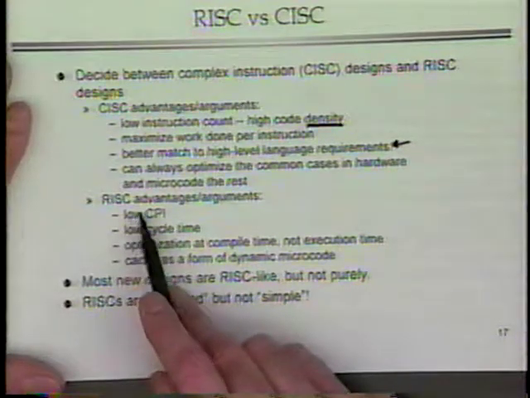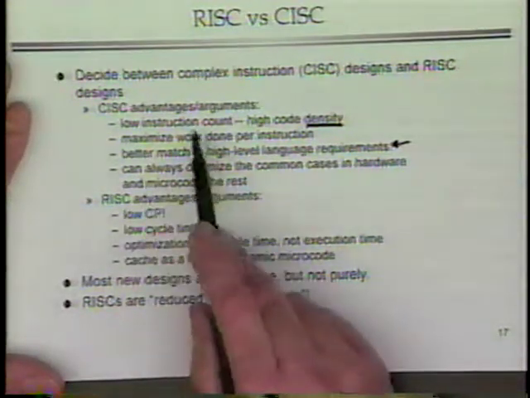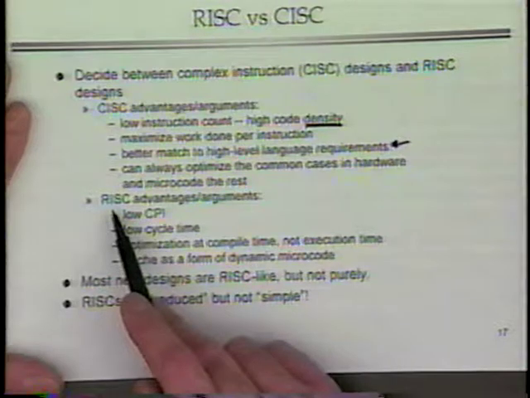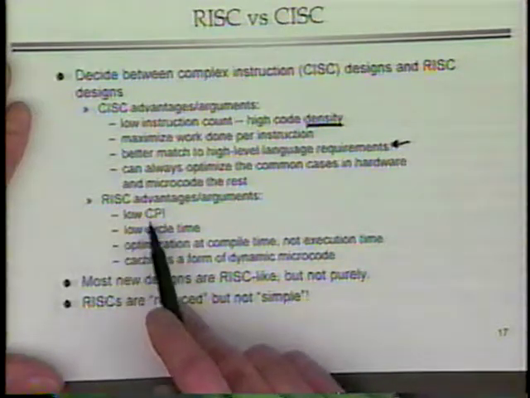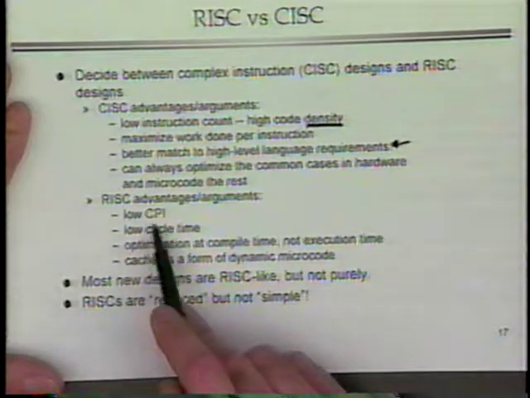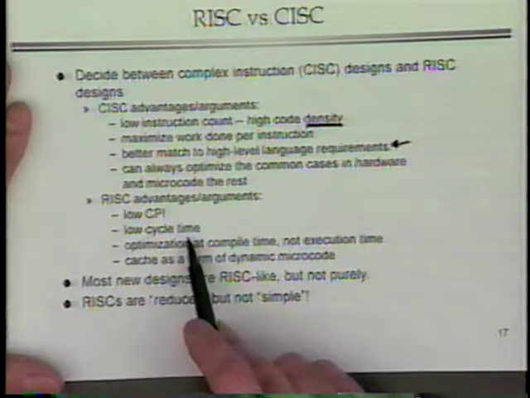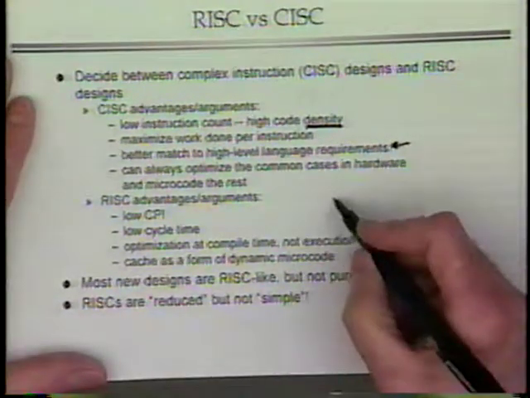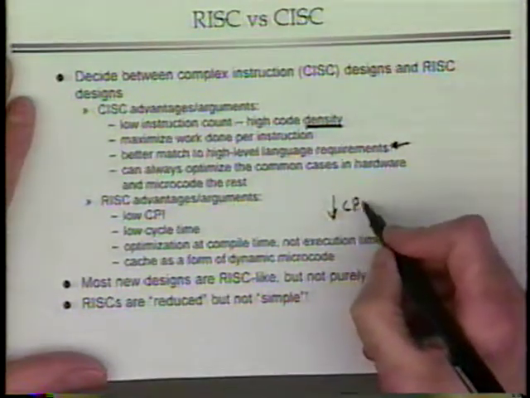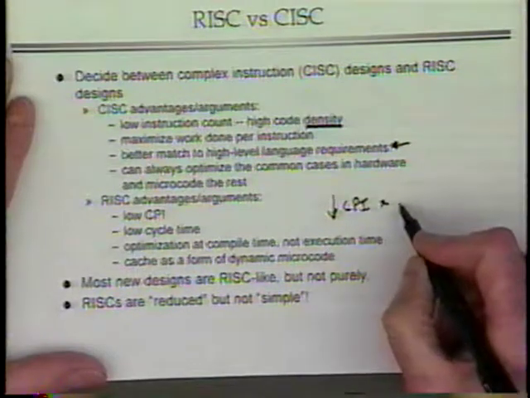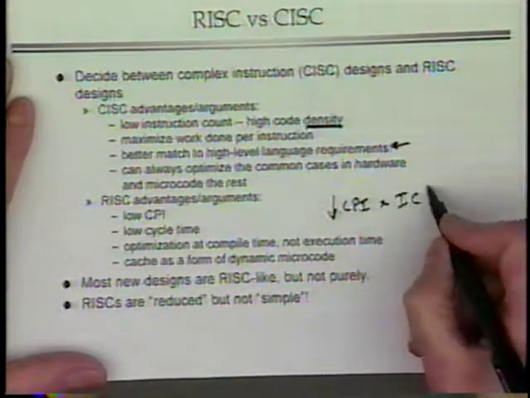The counter-argument for RISCs is that if you in fact make the instructions simpler, then you can not only reduce the number of cycles per instruction, but reduce the cycle time. So what RISCs are doing is lowering the cycles per instruction. At the same time, though, they're raising the instruction count.